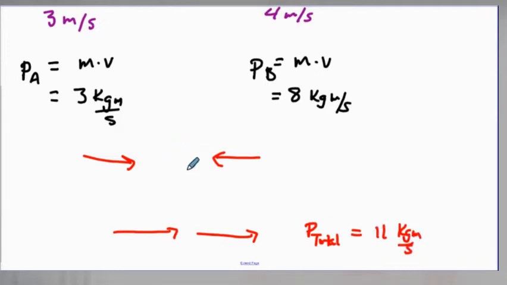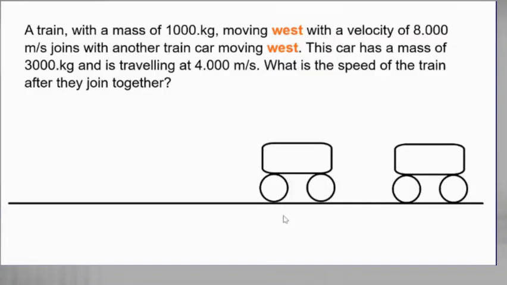But if they're moving in opposite directions, the momentum of one will cancel out much of the momentum of the other, and we end up with a total momentum of 5 by simply subtracting the two momentums. So once again, if they're moving in opposite directions, you're going to subtract, and if they're moving in the same direction, add them together.